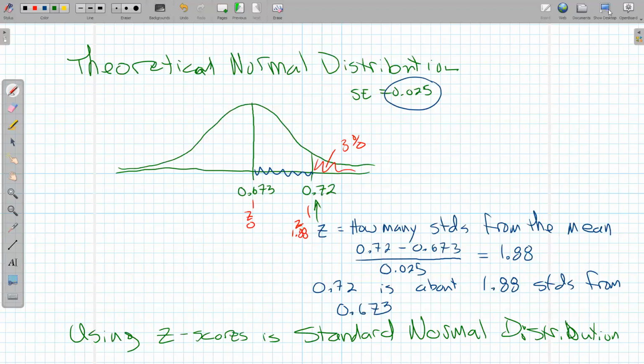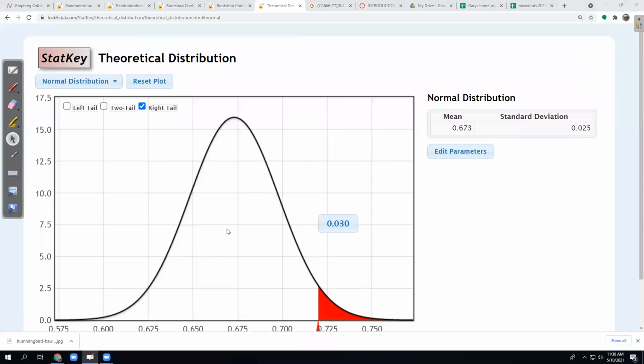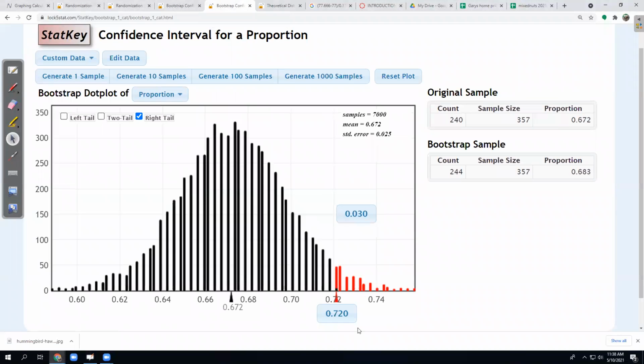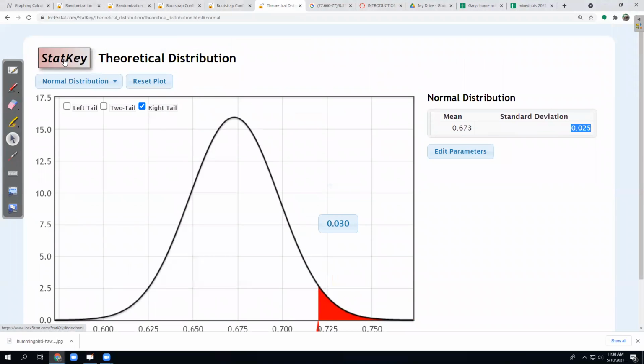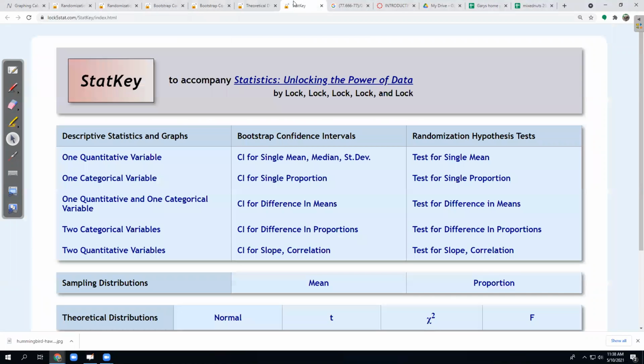I'll do this calculation one more time. So first I had the bootstrap version, and 0.72 was about 3% or 2.5% away, or in the upper tail. And when I use the normal using the mean from my data and the standard error for my sampling distribution, I get about 3%. This time I'm going to go back to StatKey.